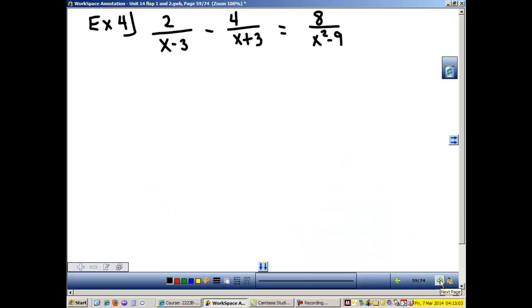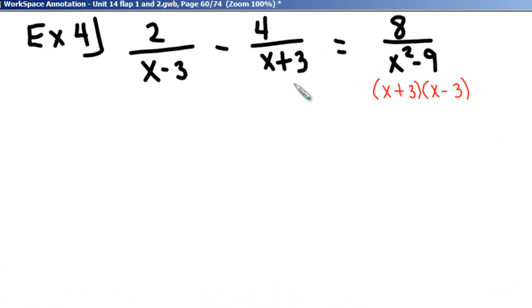Example 4. Factor the denominators. X minus 3 in the first term is already simplified. X plus 3 in the second term is already simplified. X squared minus 9 is a difference of 2 squares, x plus 3 times x minus 3.